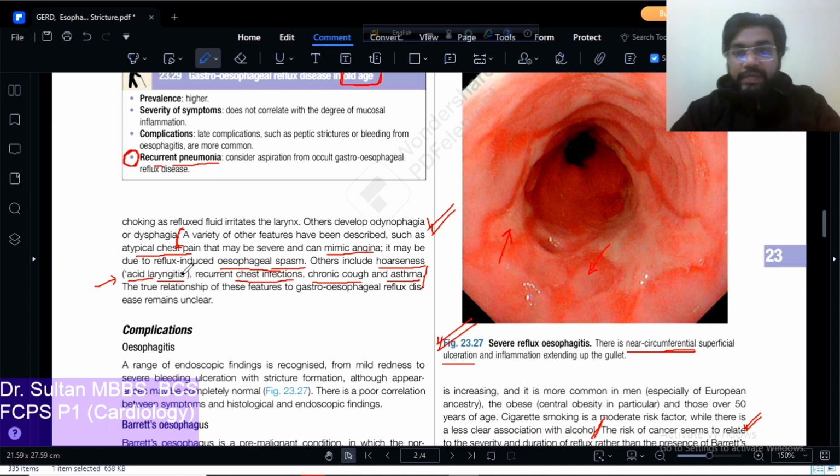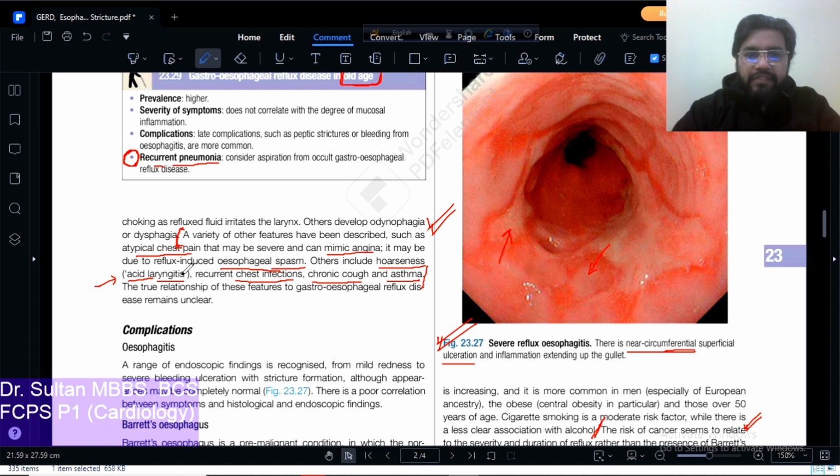The reflux contents enter the respiratory tract and cause acid laryngitis. And when people with GERD have hoarseness of voice, you can say the hoarseness is due to acid laryngitis, recurrent chest infection, and it is associated with chronic cough as well as asthma.